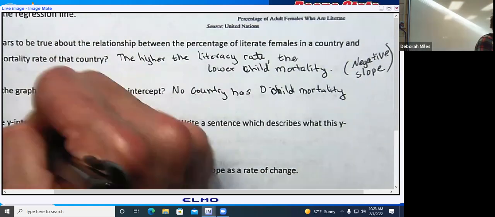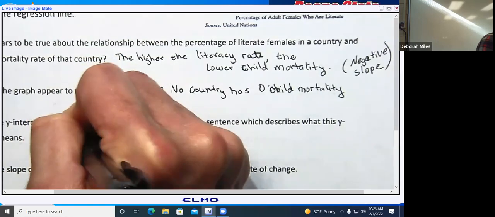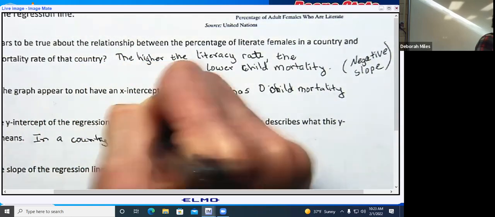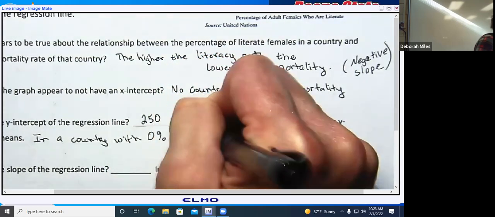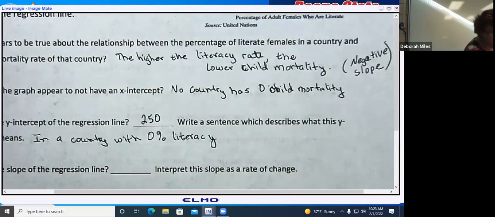In a country with 0% literacy, which there probably isn't a country with 0% literacy, but if there was, then what did you say the y's would represent?